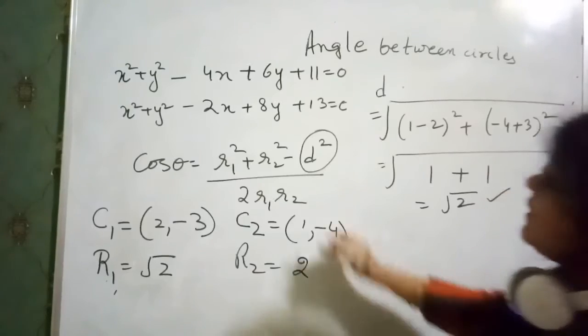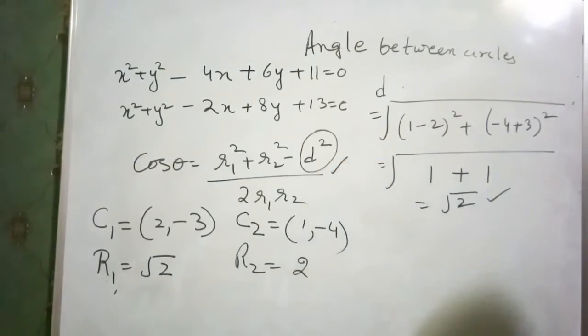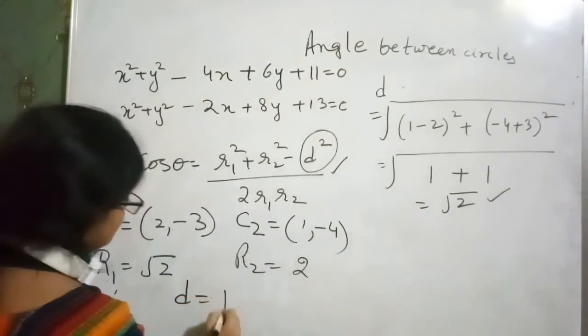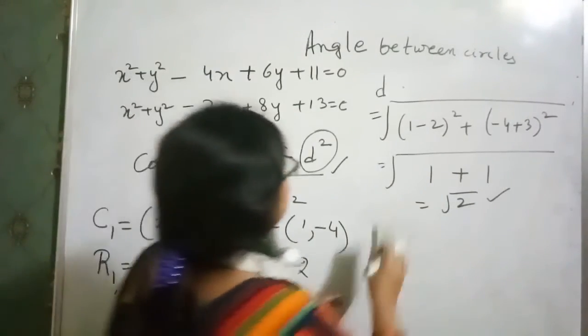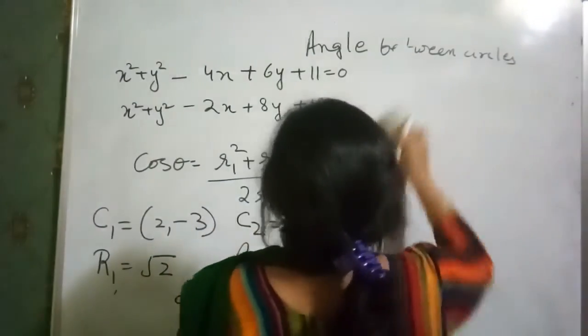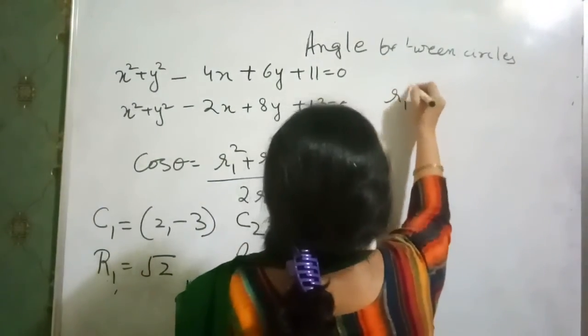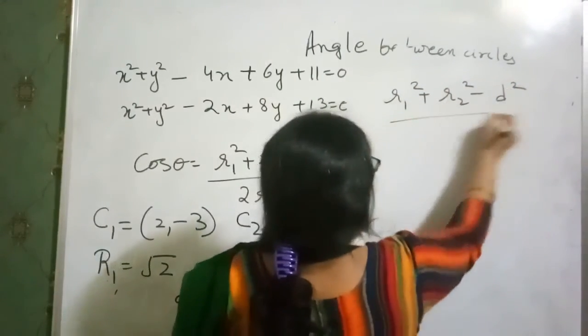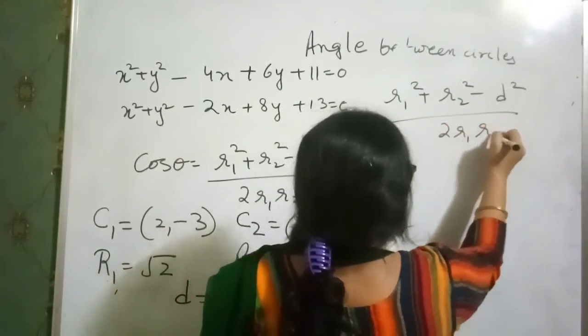Now we put all the values in our formula and get the angle between the circles, that is r1 square plus r2 square minus d square over 2 r1 r2.